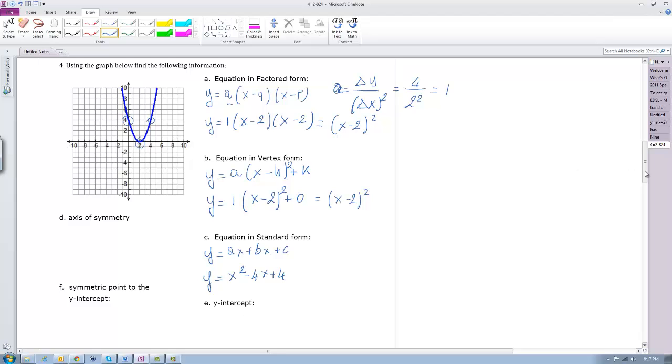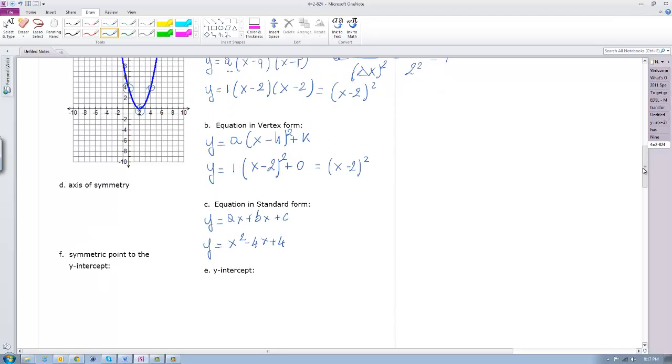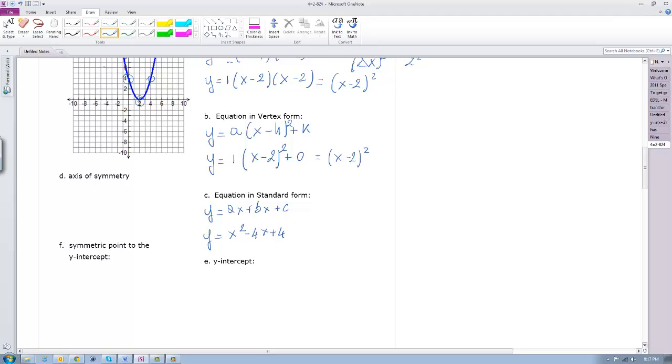What is the y-intercept? Let me scroll down just a bit. First of all, you can see from the graph that the y-intercept is 4, but we see it also from the c. So the y-intercept is (0, 4). The symmetric point to the y-intercept, we can see from the graph, would be (4, 4).